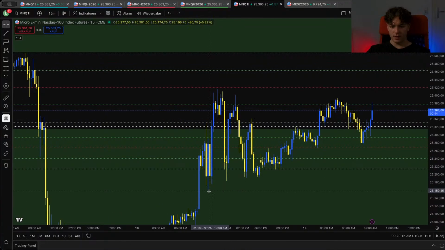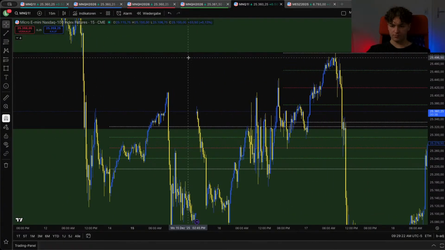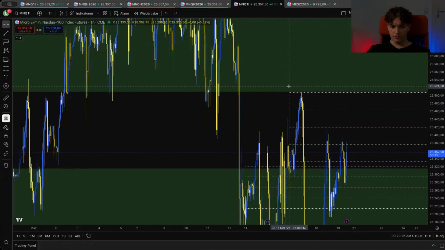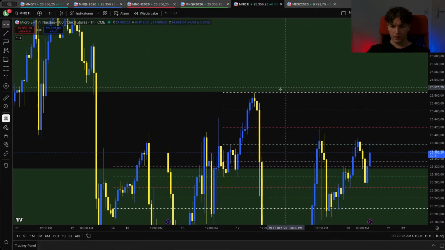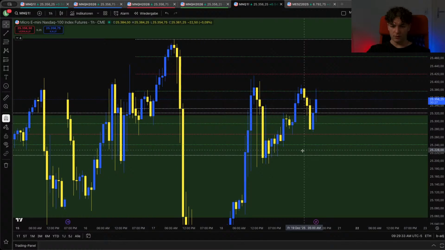So we have obvious sell side liquidity resting below these lows, but we also have this buy side right here, but I would definitely favor these relatively equal lows.